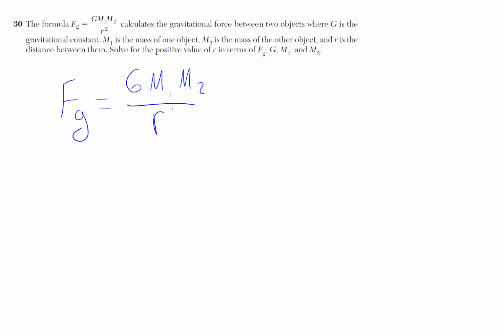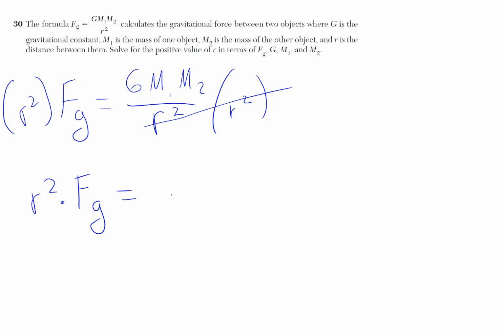Since the r squared is in the denominator, I can multiply both sides by r squared, and then my r squareds are going to cancel, and here I have r squared times F sub g is equal to G times m sub 1 times m sub 2.